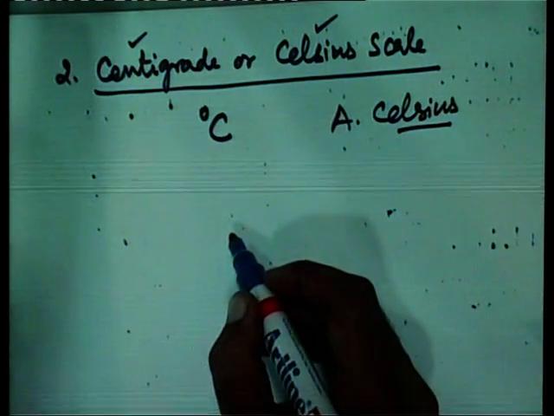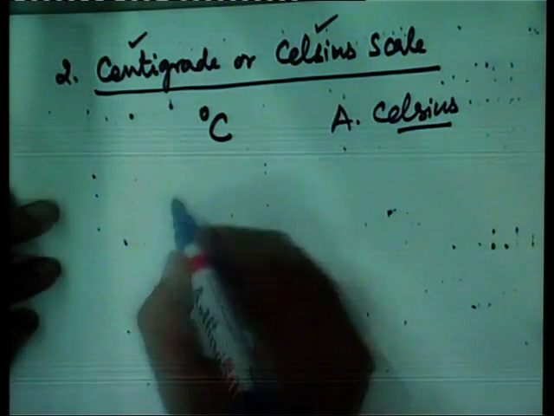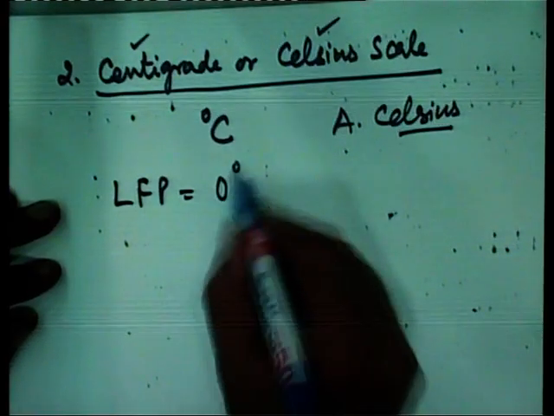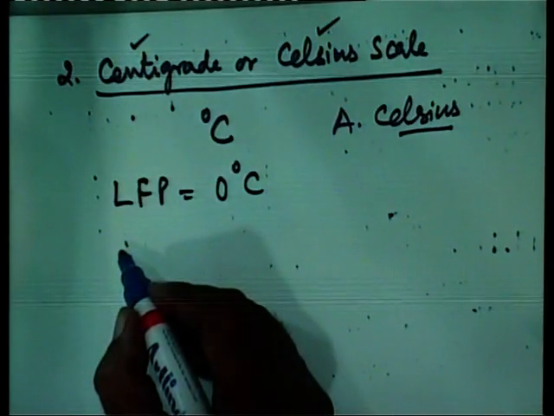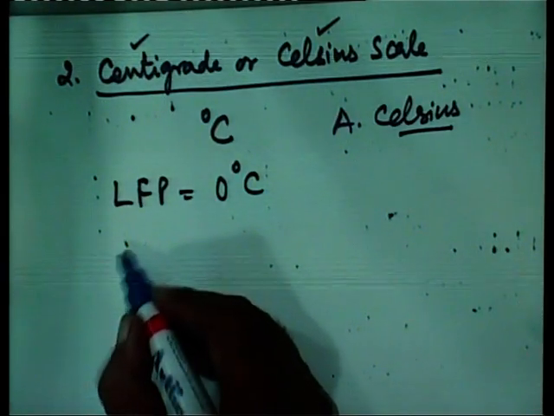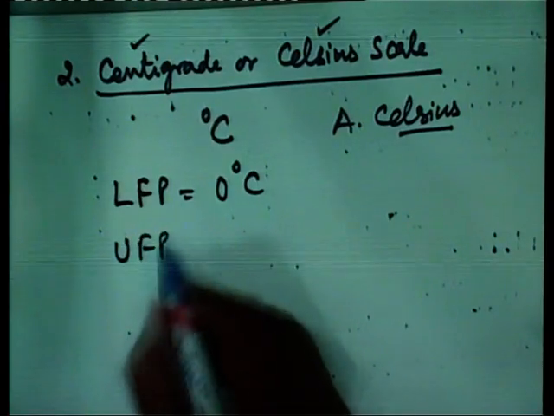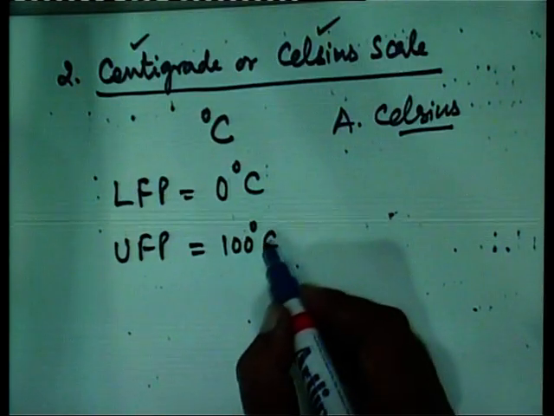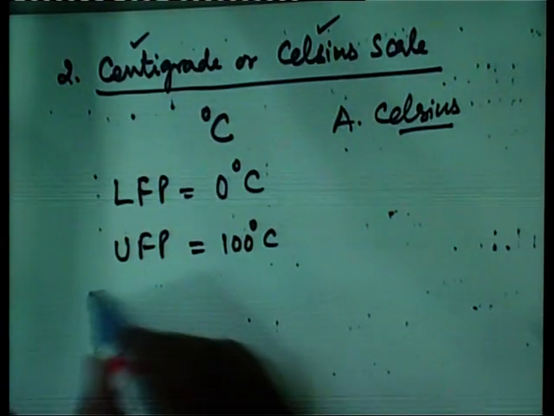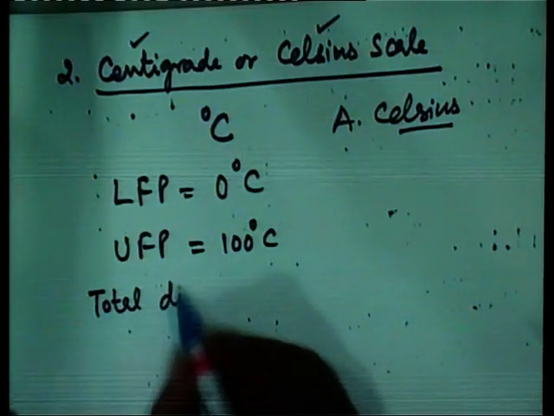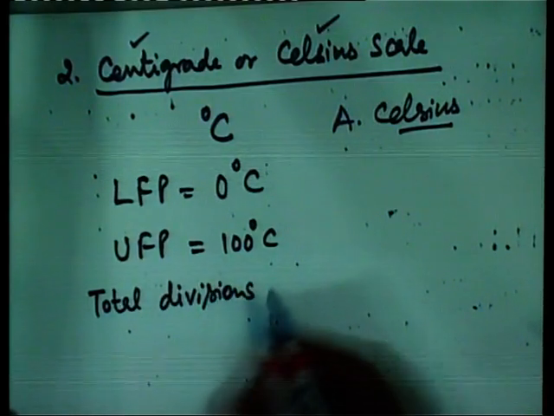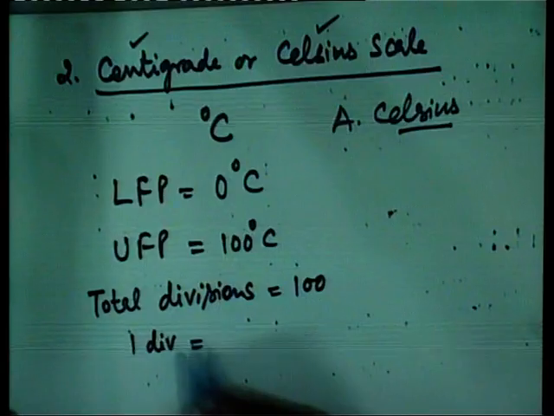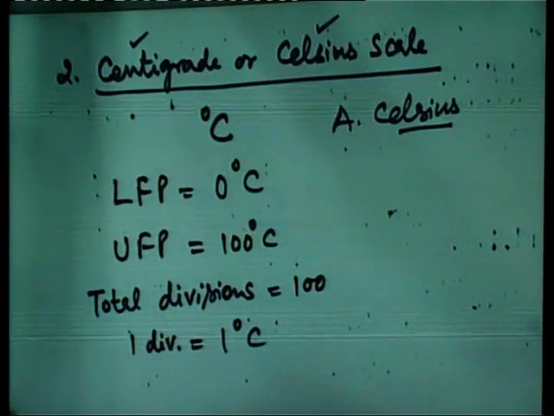In this scale, the lower fixed point is 0 degree centigrade, the upper fixed point is 100 degree centigrade, total divisions are 100, and one division is equal to 1 degree centigrade.